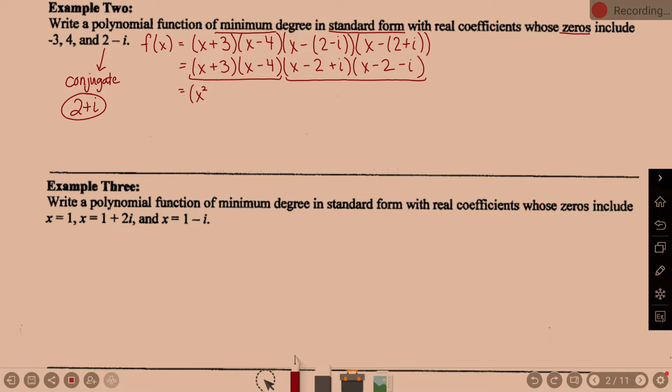And I'm kind of at that point where I go ahead and put them together. If you want to wait to the next step, that's fine, because we're going to have a ton of cleanup to do in the other piece. So I'm going to say minus 4x plus 3x is minus 1x. 3 times minus 4 is minus 12.